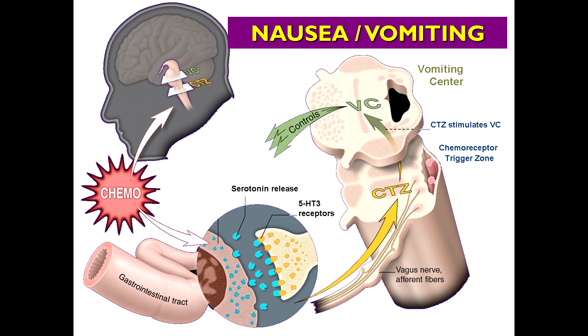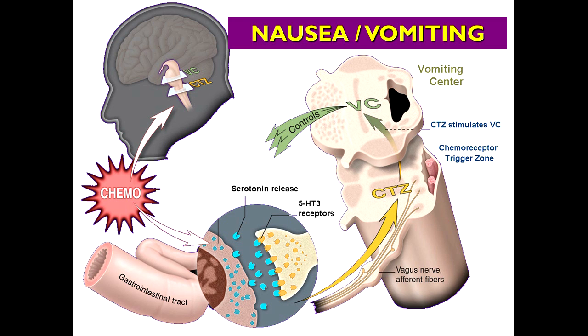This is a slide that shows you the process that causes nausea and vomiting. When a patient receives chemotherapy, serotonin is released from the GI tract, and that's a neurotransmitter. These neurotransmitters bind to the 5-HT3 receptors, which then travel to the chemoreceptor trigger zone and the vomiting center in the brain. If you think about what physiological symptoms occur when you're about to vomit, I know I get sweaty, I may have some redness, some flushing, my heart rate may increase, and then I vomit.